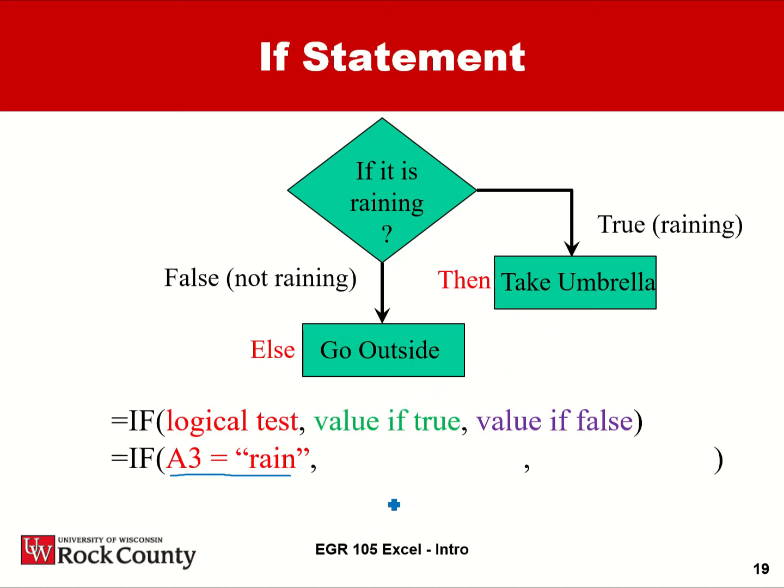So I'm just going to write in quotes, take umbrella. There's my take umbrella. So that's my true statement. If it is false, so if it's not raining, it could be sunny or something else, then go outside. Okay? So there's my if statement.